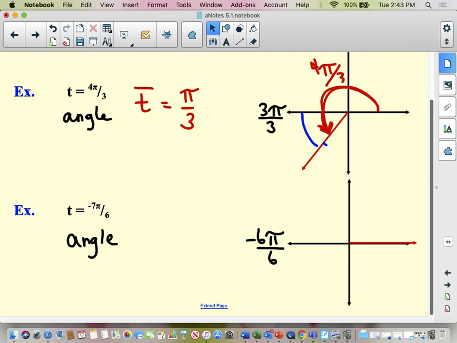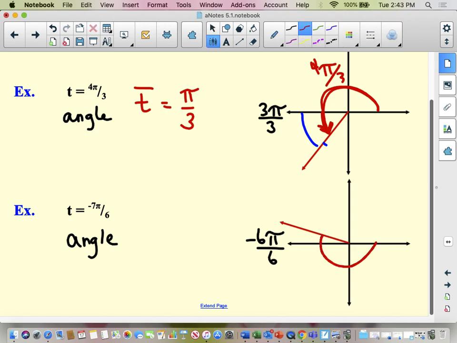So if I start at my x-axis and go around negative 6/6 pi, that's negative pi. To get to 7/6, I would have to go one more 1/6 beyond. So if I draw this entire angle, this angle here is negative 7/6 pi.